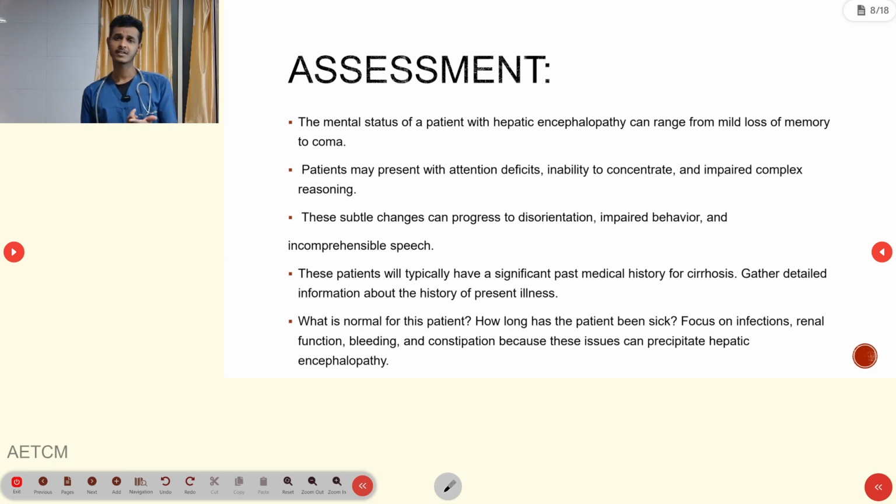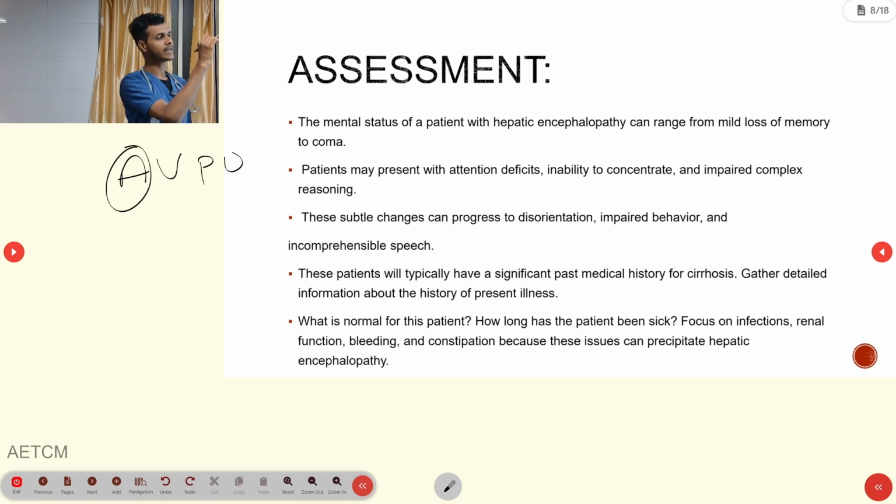Second thing, we check the mental status assessment. The usual tool is the AVPU scale. Awake and alert. Again the person may fall in any category. Sometimes the person will be awake and alert to you. Sometimes the person responds only to verbal or pain stimuli.